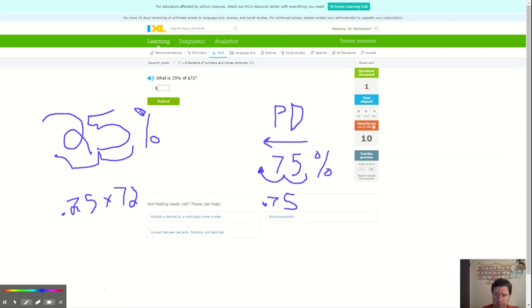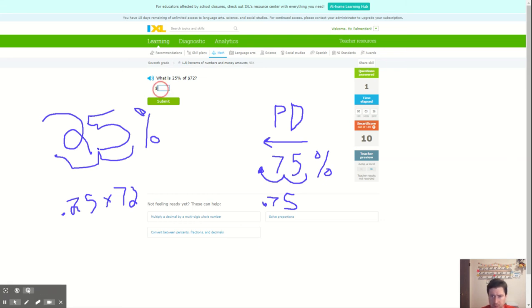All right, let me get the calculator out. You can't see the calculator probably, but I can. So here we go. We're going to do 0.25 times 72, end up with 18. So it's going to be $18.